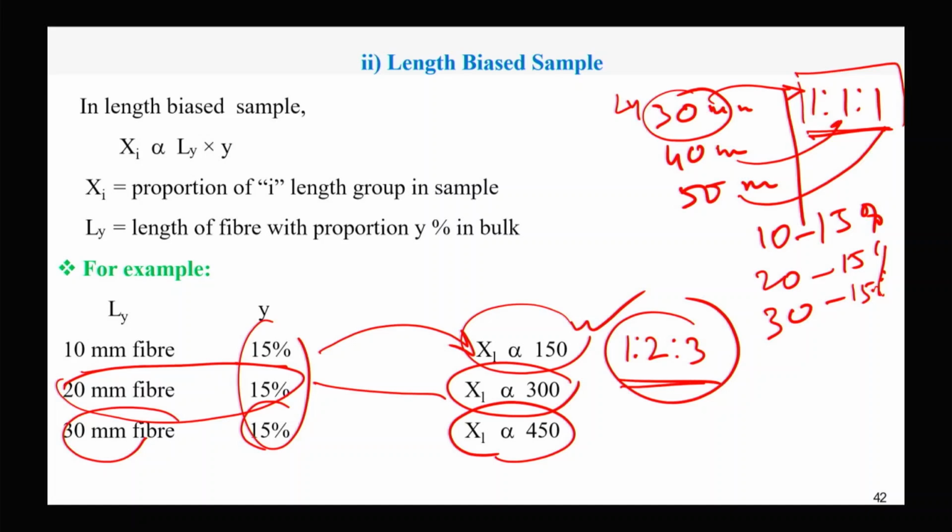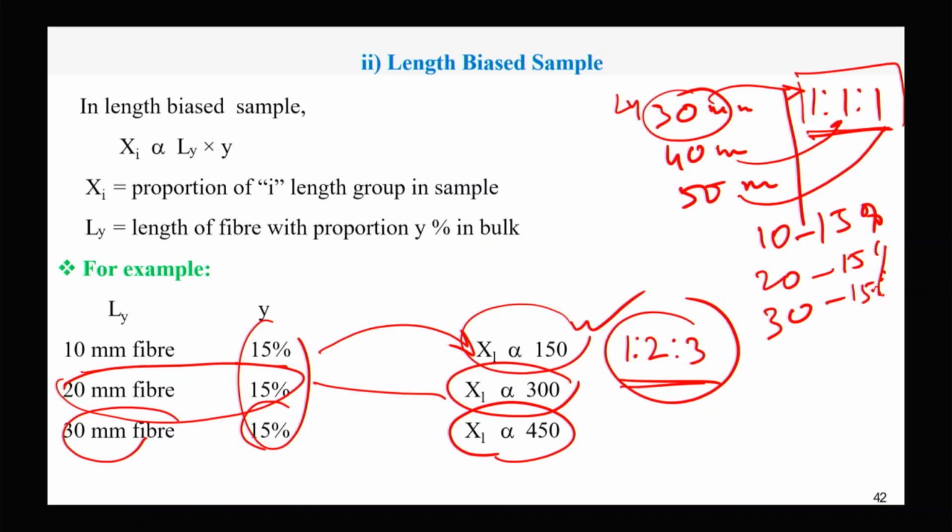What does it mean? Although in the bulk, 10 millimeter, 20 millimeter, 30 millimeter fibers proportions are equal, when we take the sample from the surface, due to the longer fibers' presence, longer fibers are selected preferentially. So its proportion has become 3.